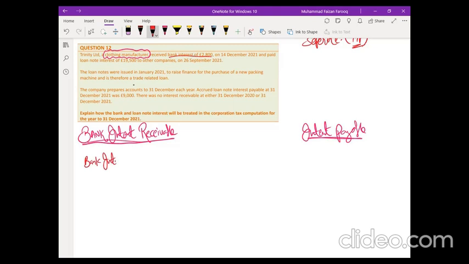Bank interest is not trading, it will be taxed, or you can say will be taxable as non-trading income, right or wrong? If it is, this means that if this interest is part of your net profit, if it is already added in your net profit, what you have to do? You have to remove it, right or wrong?